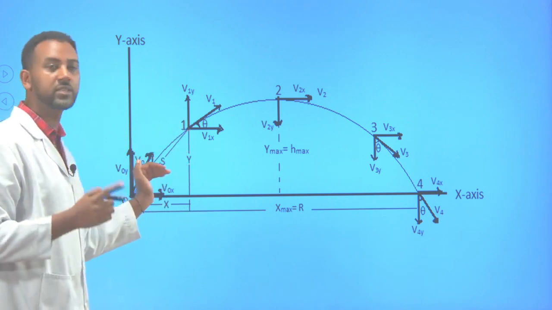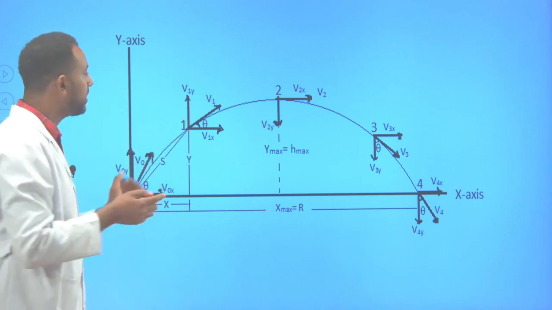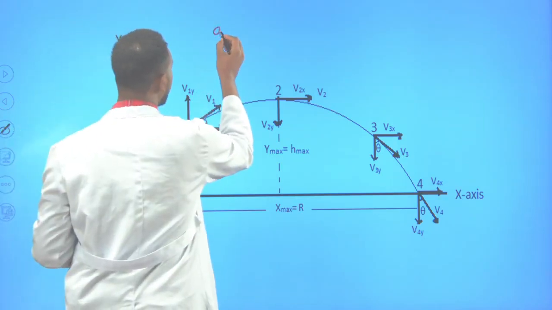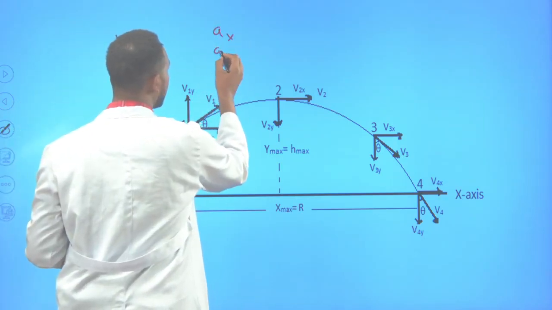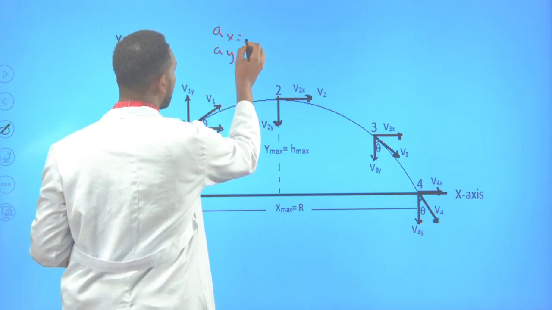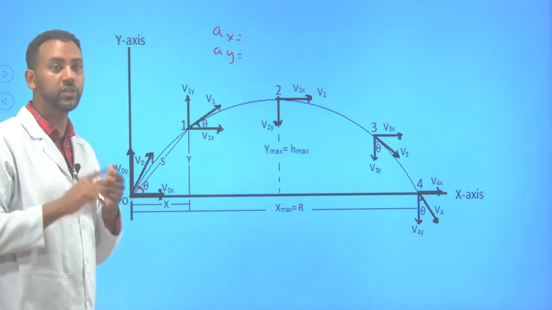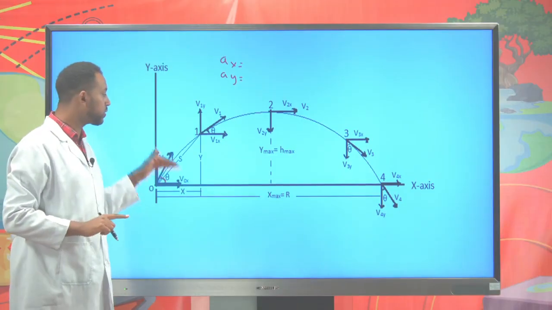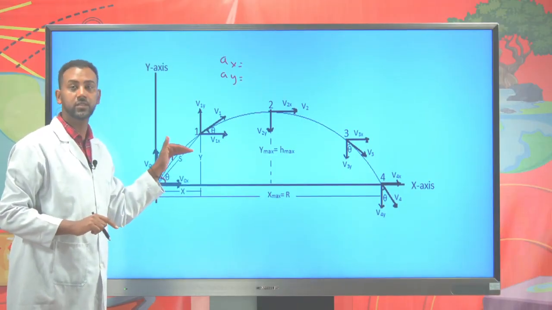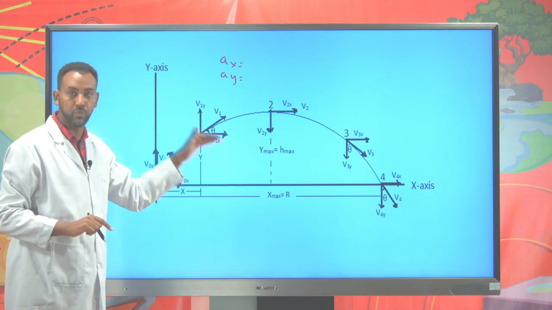When we discuss acceleration, there is the acceleration along the horizontal component and the acceleration along the vertical component. A projectile motion is a constituent of two different types of motion. The horizontal projection tells us about uniform motion.